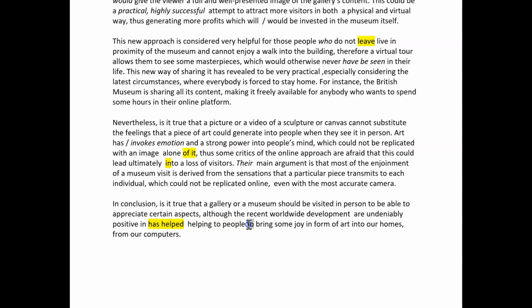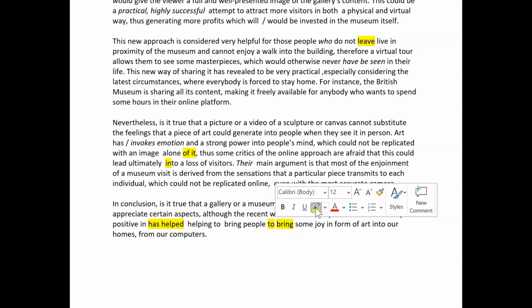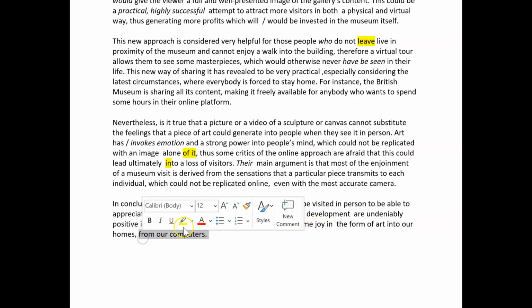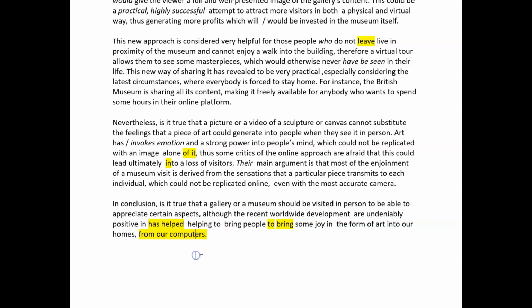So if I have to change the to, obviously helping to bring people, oh hang on a minute, no, sorry, helping to bring people some joy in the form of art into our homes. You don't need that, I don't think, because we know exactly what you're talking about by now.